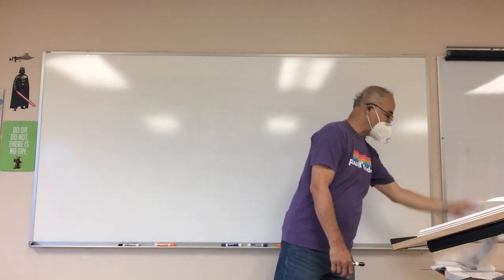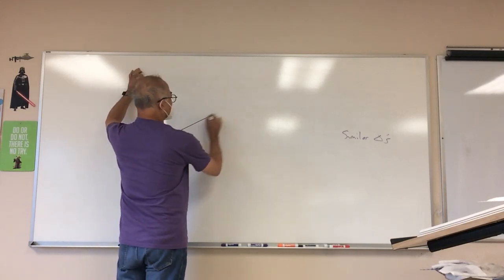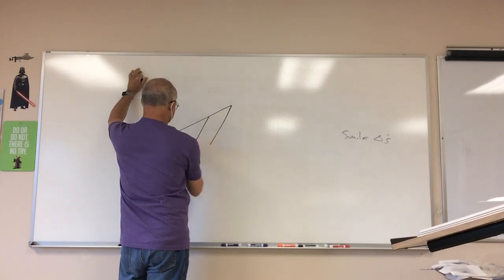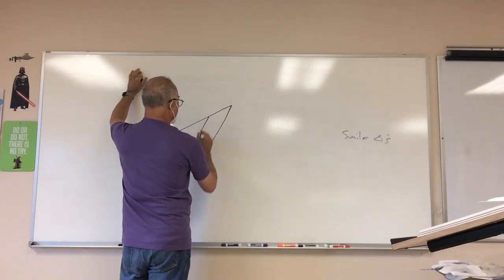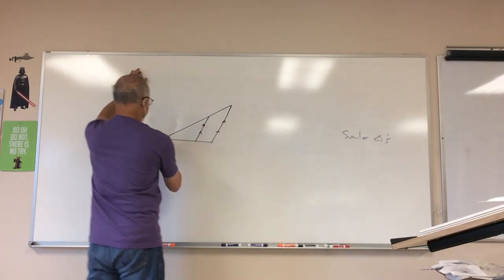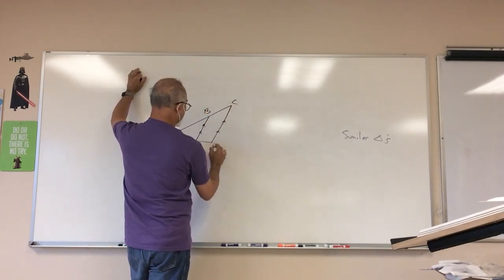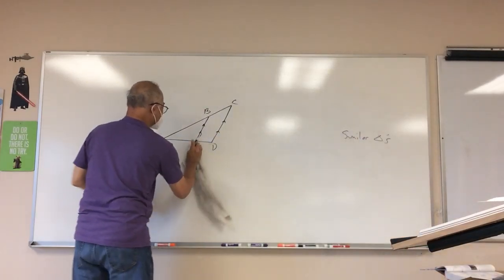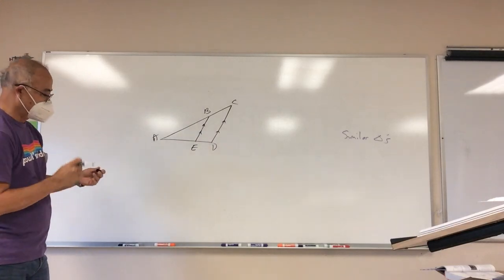Similar triangles, similar triangles. So what are the similar triangles here?